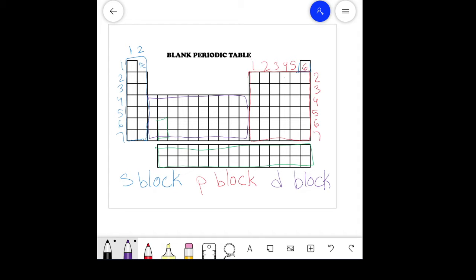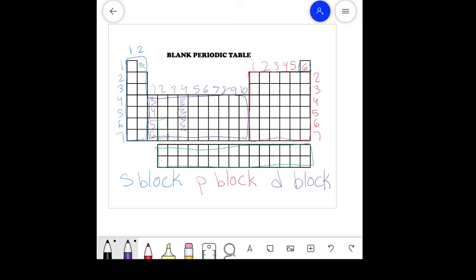And remember, the D's don't start till 3. So 3, 4, 5, 6. See, there's no 7. And then this is going to be 1, 2, 3, 4, 5, 6, 7, 8, 9, 10. But what you need to look out for is 4 and 9.